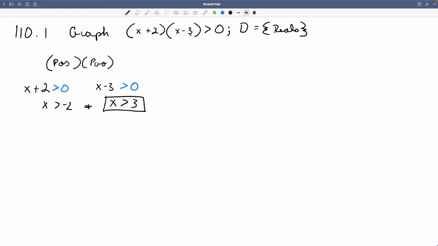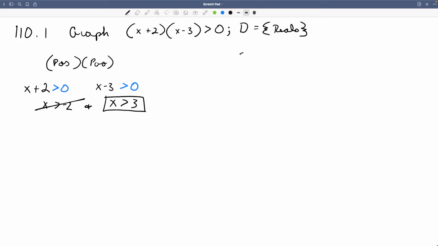But then 1 minus 3 would be a negative 2. That'd be a positive times a negative, which would be a negative answer, and it would not be greater than 0, so it would not be true. So we have to use the one that is true for both sides of the binomial. All right, and so that means this one is not usable. So there's one side when they're both positive.